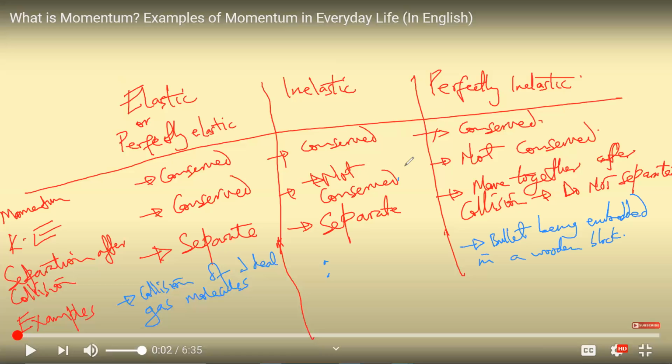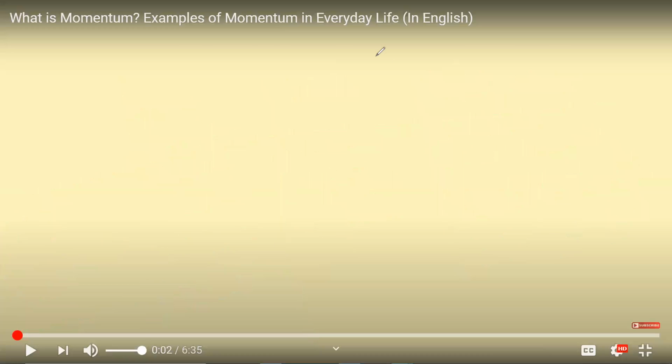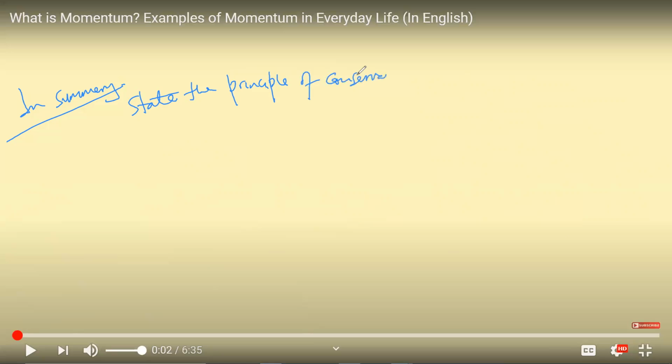Now, after having looked at all of these, I hope that I can rub off. So, I need you to remember, in summary, I need you to state the principle of conservation of momentum.